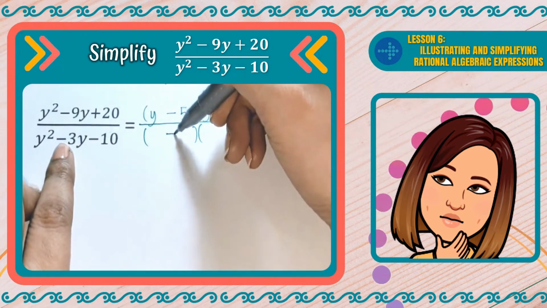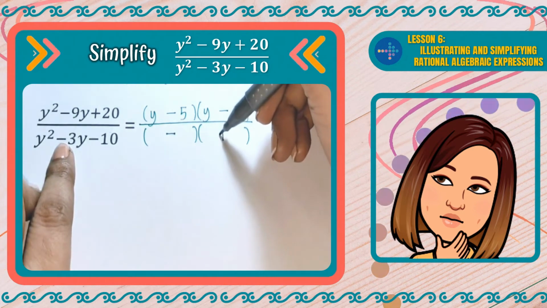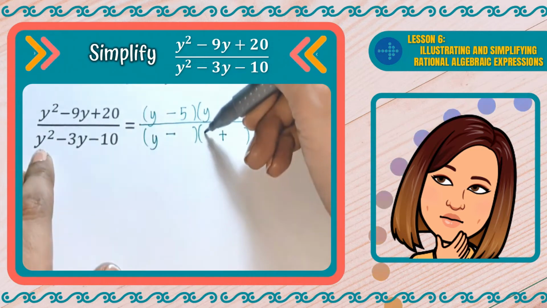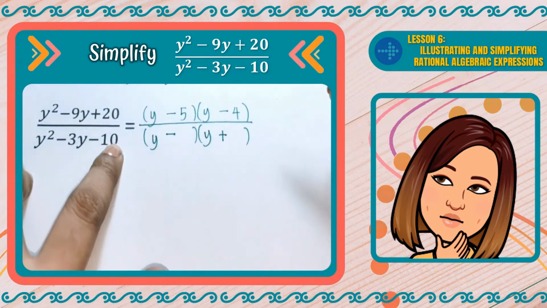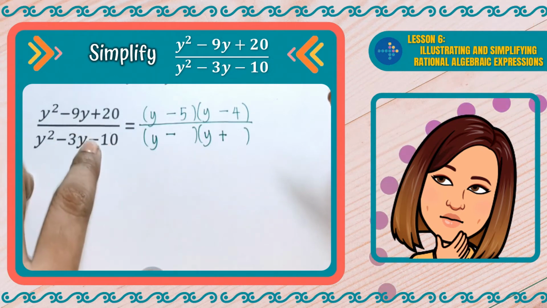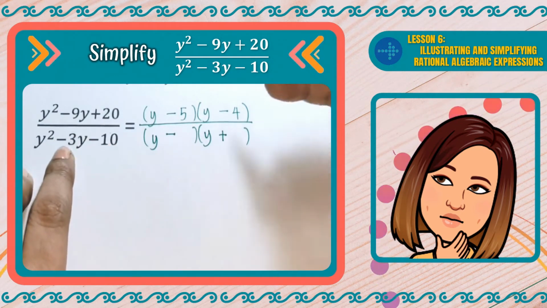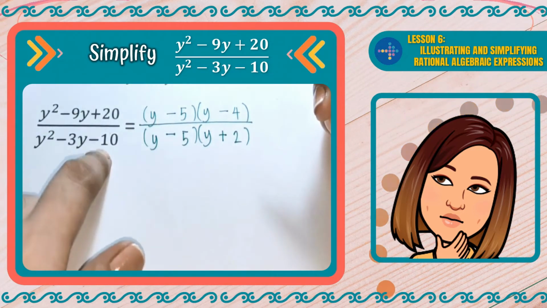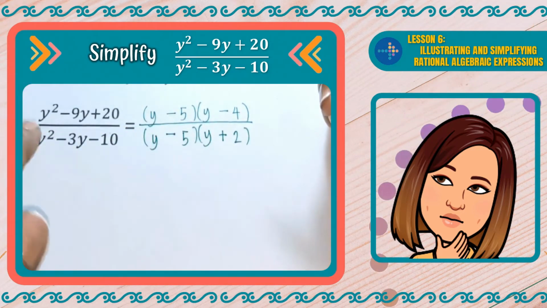So, kung ito ay negative, ito ay positive. Then, for y squared, we have y and y. Then, for 10, ang factors niya na kapag may minus naman ngayon, 3 ang magiging sagot ay 5 and 2. 5 times 2, 10. 5 minus 2, 3.